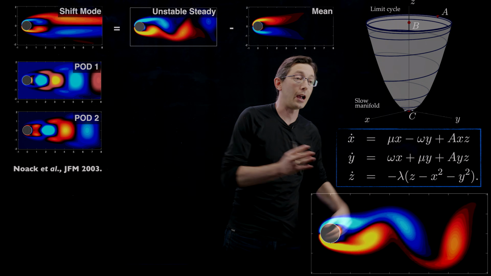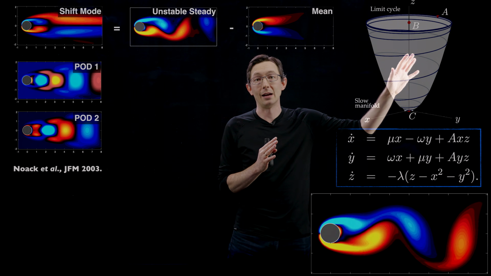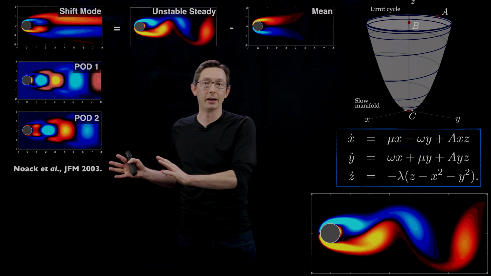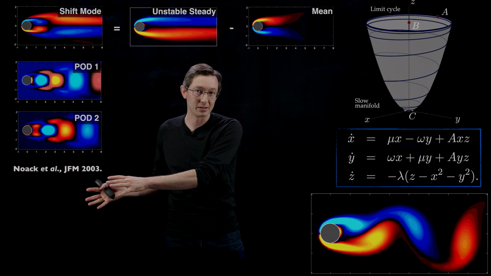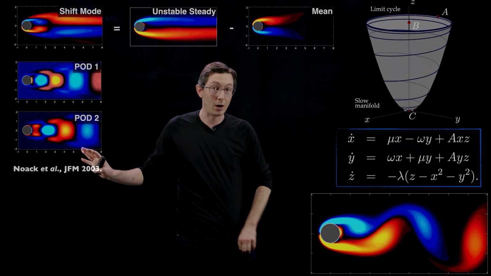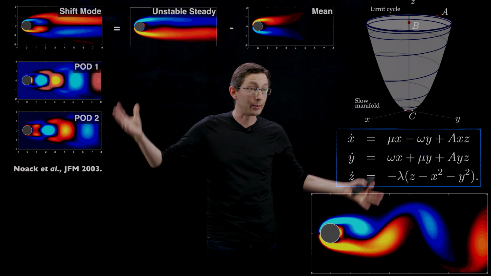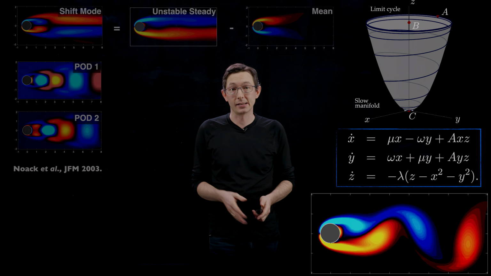And they were able to derive a very simple reduced order model, a set of equations for the dynamics in these coordinates. This is a tour de force of dynamical systems modeling and data-driven modeling of fluid systems from a while ago. And now we're increasingly able to do some of this with machine learning. So I think that's really exciting.